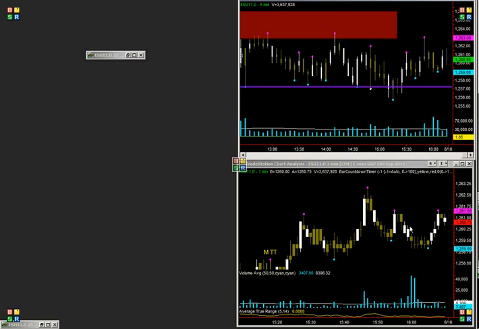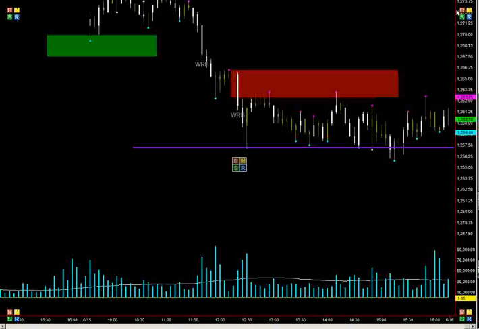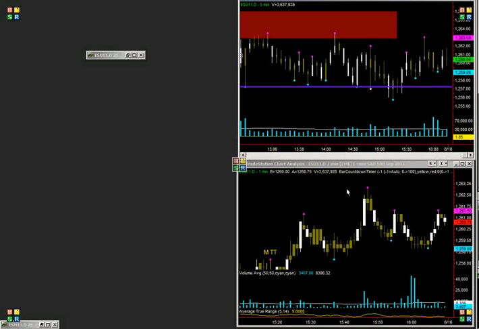The only time I need to look at my 1 minute is if I'm at, say, an SMTM area, which is a supply and demand area, or an SMTM line, and then I need to look at my 1 minute to see if there's a point of entry on any of these. If not, I just wait, and if no setup occurs, no problem.